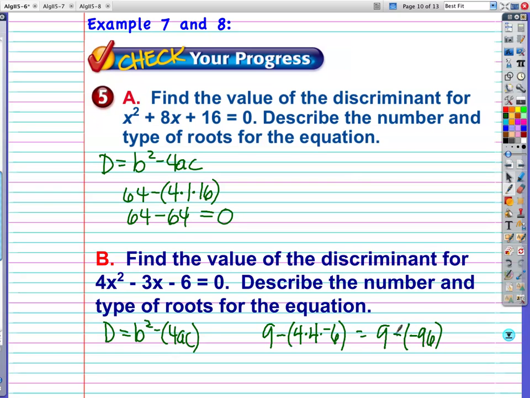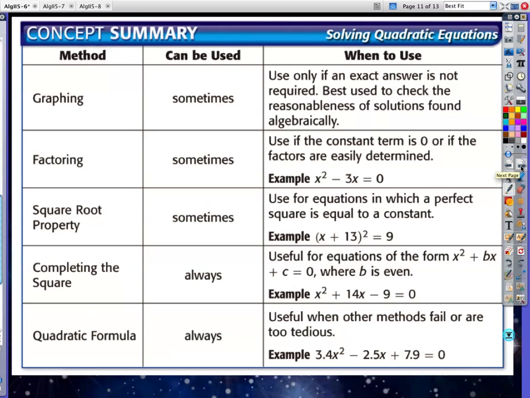Now you have minus, and the number inside is negative, so you're going to add them together, and you get 105. Okay, so I have a real number here. It is not a perfect square number, so we're going to have two irrational roots. If you need to go back and look at that chart, please go ahead and do so.